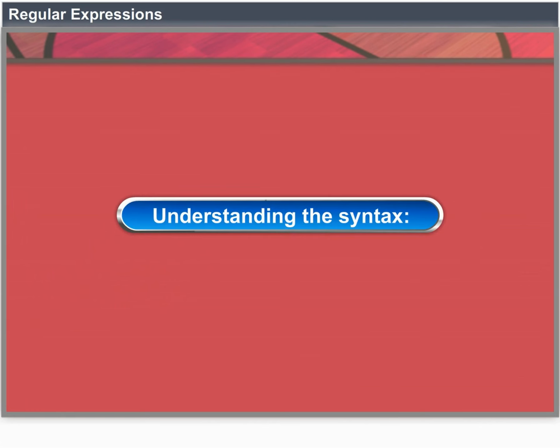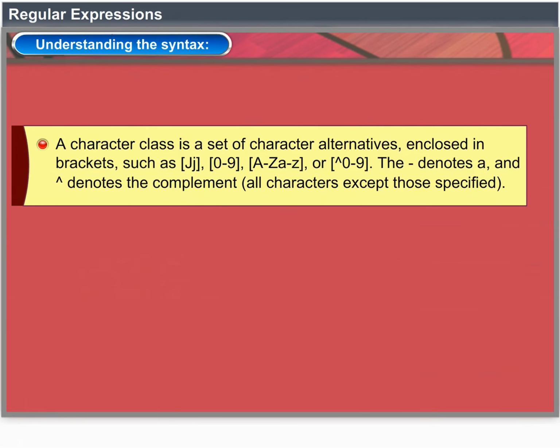Understanding the syntax. A character class is a set of character alternatives enclosed in brackets, such as [Jj], [0-9], [A-Za-z], or [^0-9]. The hyphen denotes a range, and the caret denotes the complement, all characters except those specified.